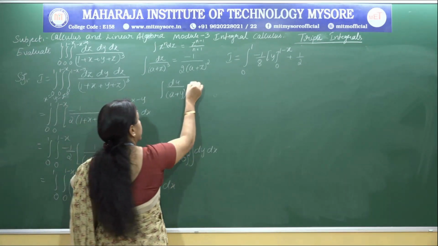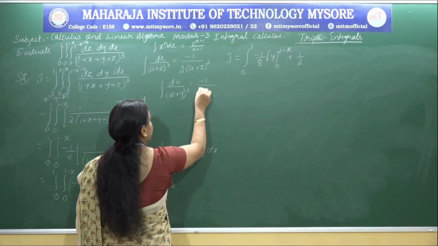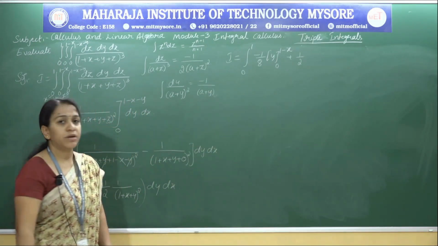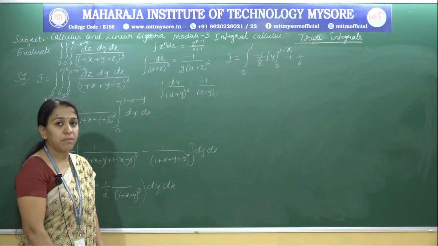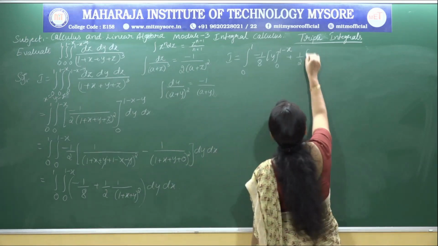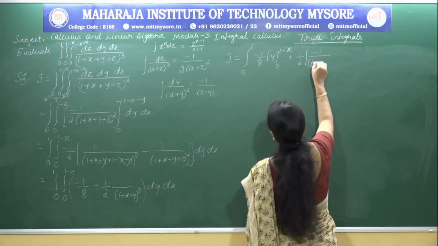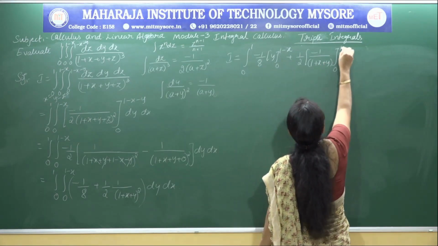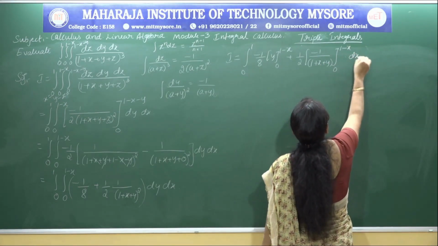So what should be the result? It is nothing but minus 1 by a plus y. The integral of that value is minus 1 by a plus y. So in place of a, we have 1 plus x. So the result is 1 by 1 plus x plus y between the limit 0 to 1 minus x dx.